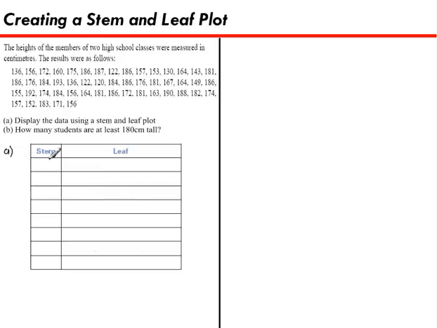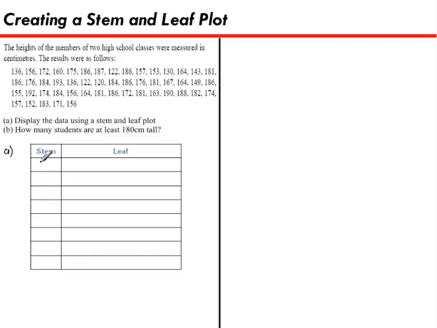To set up the stems, I'm going to make what's called intervals, or class intervals. And they're divisions in all of these numbers. So when I look at all of these numbers carefully, it looks like they're all in the 100s, and there's some in the 120s, like this one, 122. There's also some that are in the 180s, the 170s, 190s, even 130s. So I'm going to divide these up into intervals.